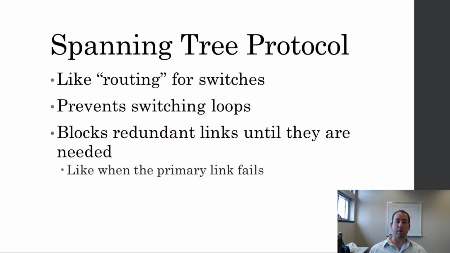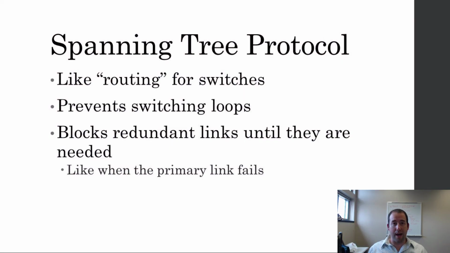A very important feature of switches is the ability to prevent switching loops. Now, remember I said switches plug into each other. You plug switches into each other and create maybe some sort of mesh or partial mesh network. And by setting up your switches in that way, you can create redundant paths, meaning if one link goes down, there's still a way for data to get between these two switches, even if it has to go through a couple other switches.